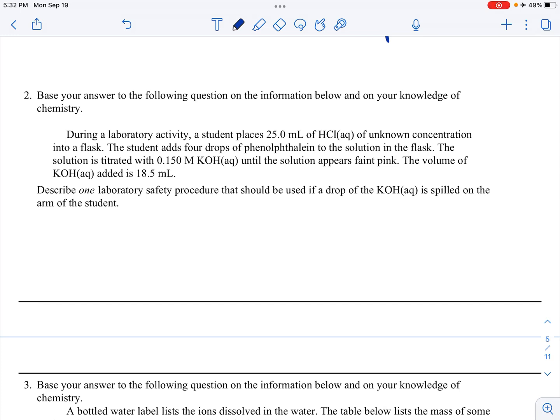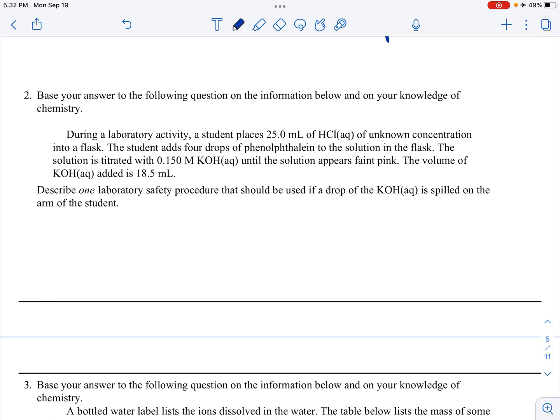During a lab activity, a student places 25 milliliters of HCl(aq) of unknown concentration in a flask. The student adds 4 drops of phenolphthalein to the solution in the flask. The solution is titrated with 0.150 molar KOH until the solution appears faint pink. The volume of KOH added is 18.5 milliliters.